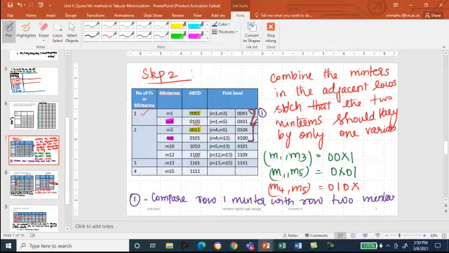The next step is now compare your second minterms. What are all in the second row? M3, 5, 10, 12. Take each minterm and compare with the adjacent row terms.